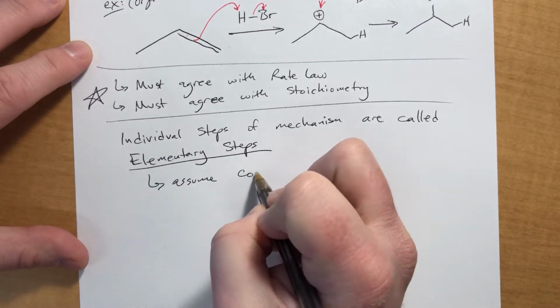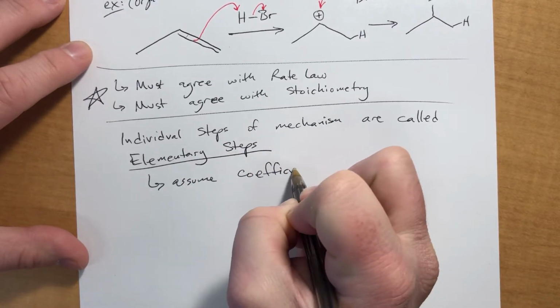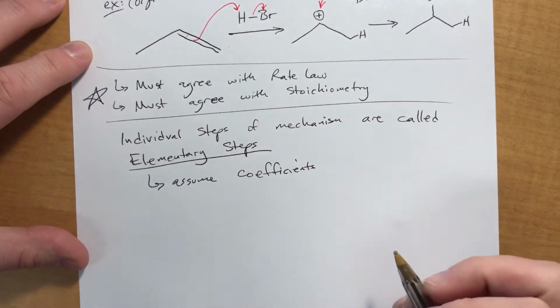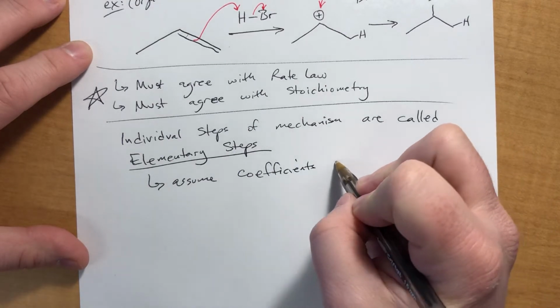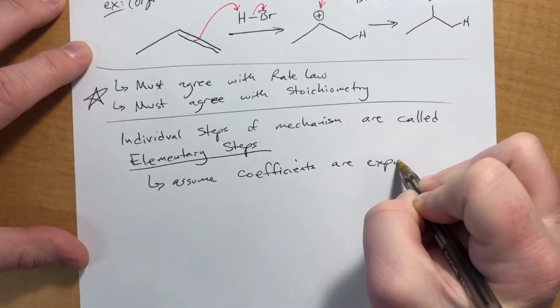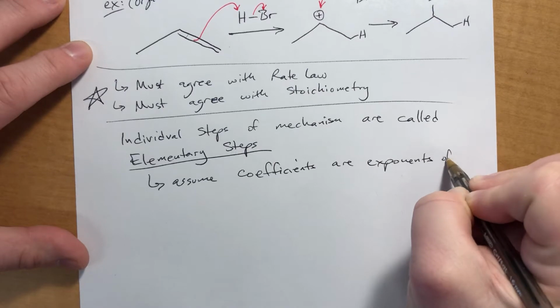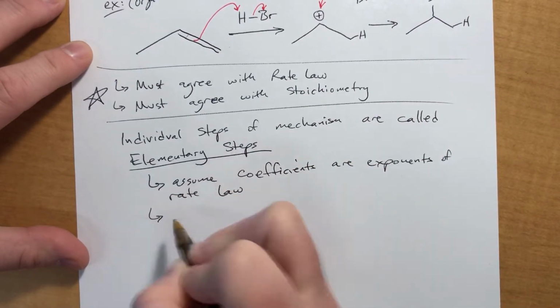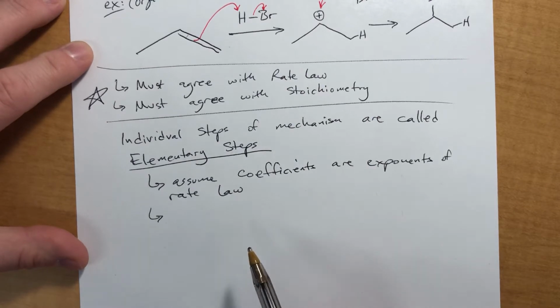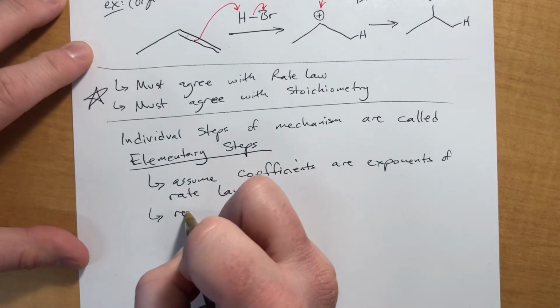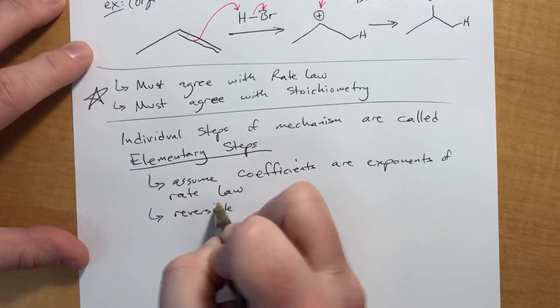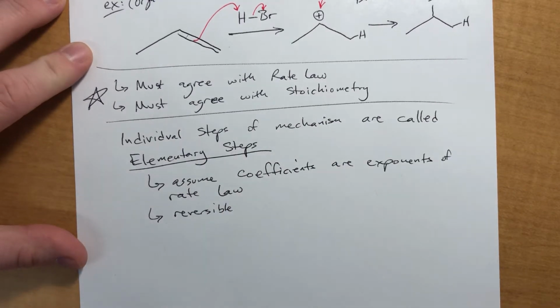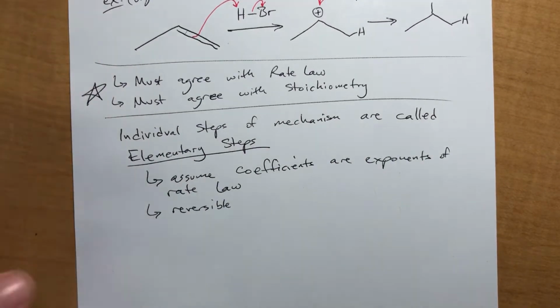We assume the coefficients are the exponents of the rate law. We also assume that every individual step is reversible. Okay. That second one won't matter a whole lot most of the time, but we're going to at least account for it.